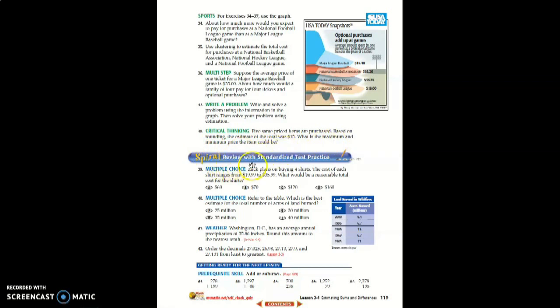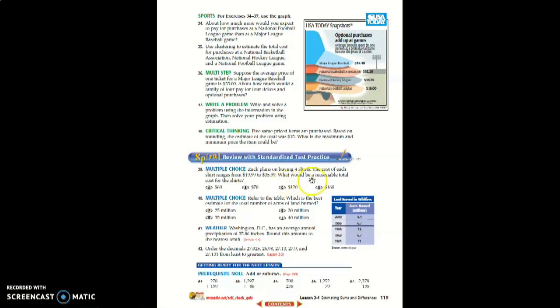Spiral review with standardized test practice. 39. Multiple choice. Zach plans on buying 4 shirts. The cost of each shirt ranges from $19.99 to $35.99.